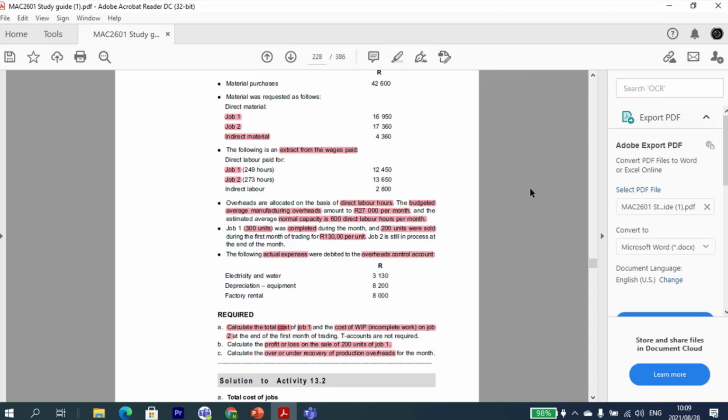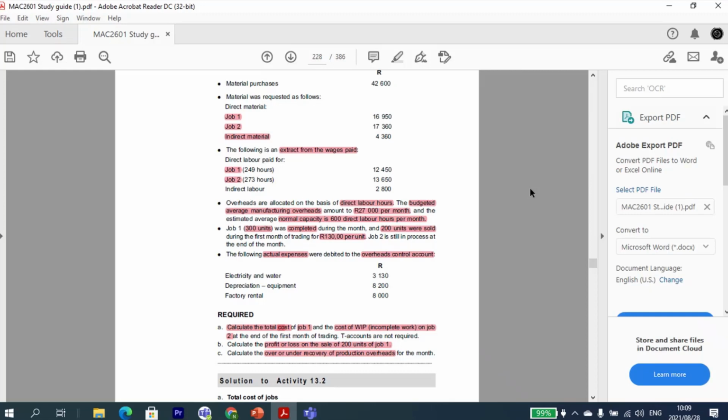Yeah. But we were given the manufacturing for both products, and even the hours, it was for both products. But we needed to find out how much it is going to cost us for job 1 and for job 2.